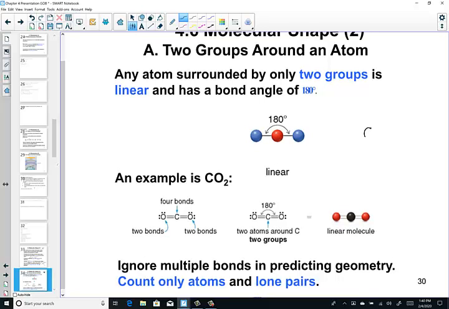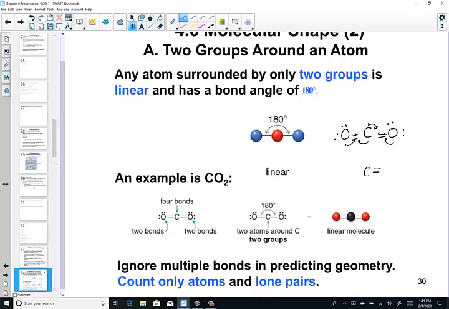Carbon needs 4 bonds: 1, 2, 3, 4. We hook on an oxygen with 6 dots, and there's a shared pair. Again for the other oxygen, there's a shared pair. We see a resulting double bond form when we hook together all the electrons to create an octet for each atom.